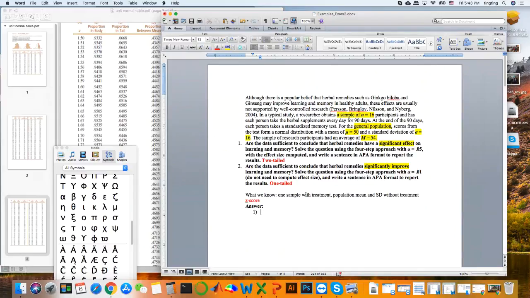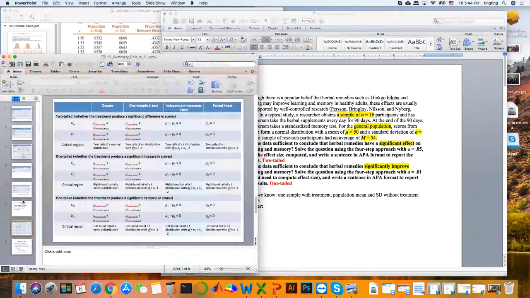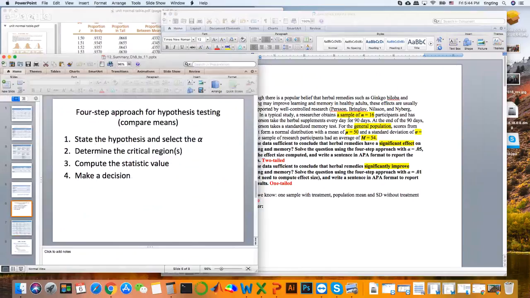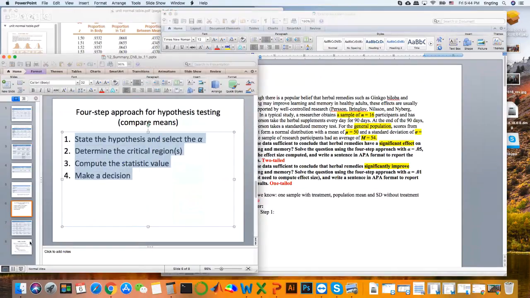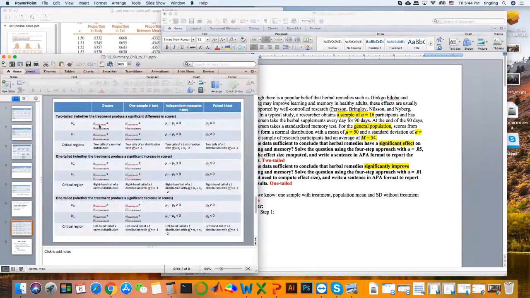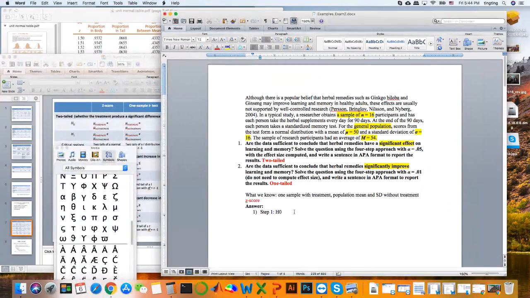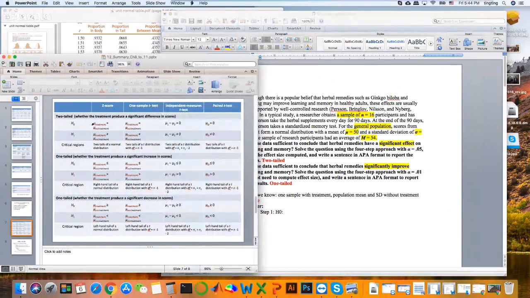And then let's start to solve the question. We need to solve the question using the full 4-step approach, as we learned in class. The 4-step approach for hypothesis testing consists of 4 steps. The first one is to state the hypothesis. If you check this slide, I have the summary here for H0 of a 2-tailed z-score test.